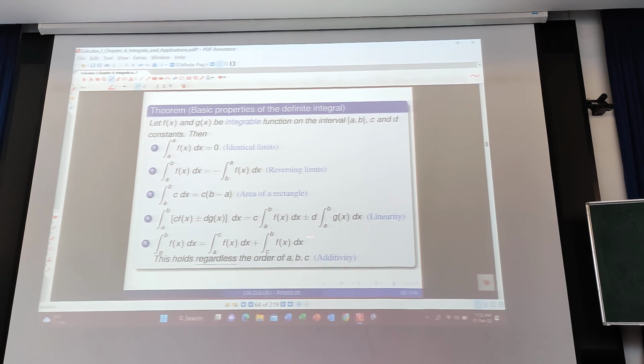But the most important here, pay attention. This looks like the chain rule of derivative. Integral from A to B. You can add any point inside. From A to C, C to D, D to E, E to B.